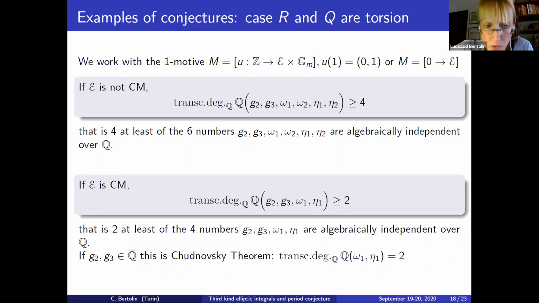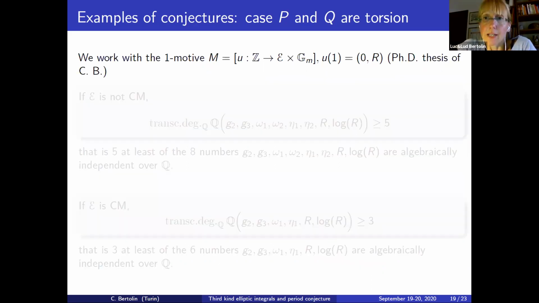So this conjecture is really very difficult, because for several years no progress has been made. Then, for example, if I choose P and Q torsion, I reduce to this case that I have studied in my PhD thesis. So Q torsion means that the extension G is trivial. So I have again the case A cross Gm. And P is torsion.